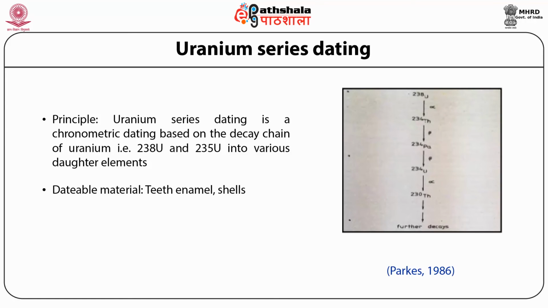The date of its equilibrium, 1.0, is 350,000 years. The datable materials of uranium series are chemically or biologically precipitated calcium carbonate, that is CaCO3, and it is also applicable to date teeth and bones, based on the principle of accumulating uranium from groundwater after burial.